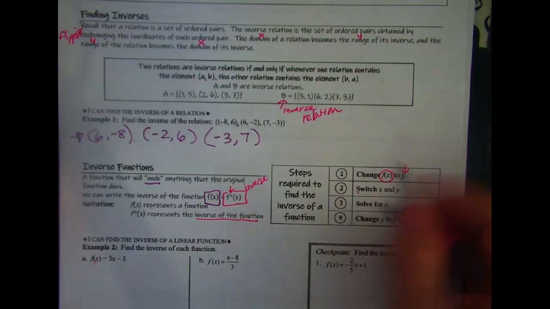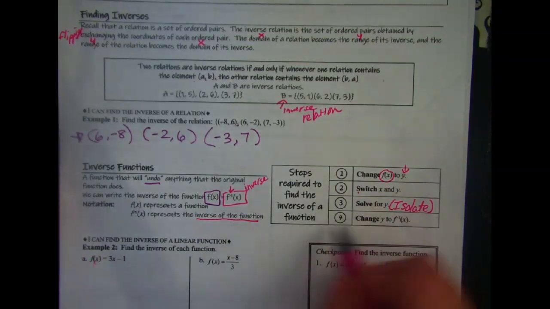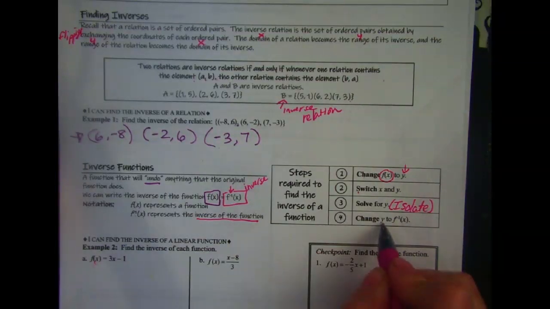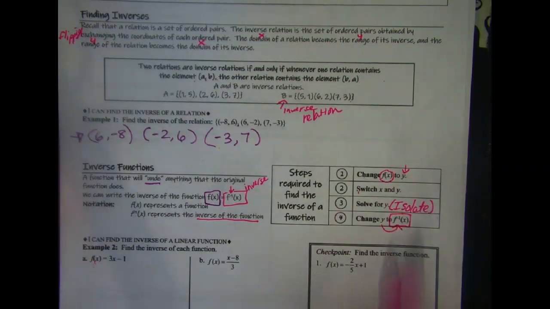And then it says solve for y. I like to also say we isolate the y. We get the y alone, or we solve for the y, meaning the y is by itself. Then when we finish, we change that y to note it: you're going to get an equation, but instead of y equals, we say f to the negative first of x equals.